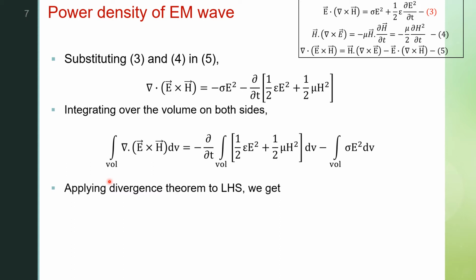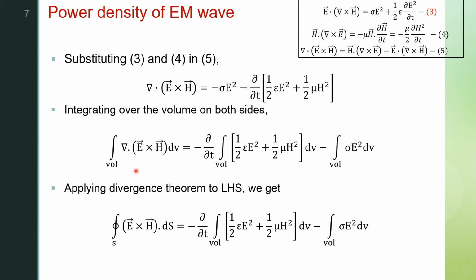So in order to make it an integration over area, let's apply the divergence theorem to the left hand side. Applying the divergence theorem, the volume integral of del dot E cross H becomes the surface integral of E cross H dot dS. That will be equal to minus ∂/∂t of the volume integral of half epsilon E square plus half mu H square, minus the volume integral of sigma E square dV.